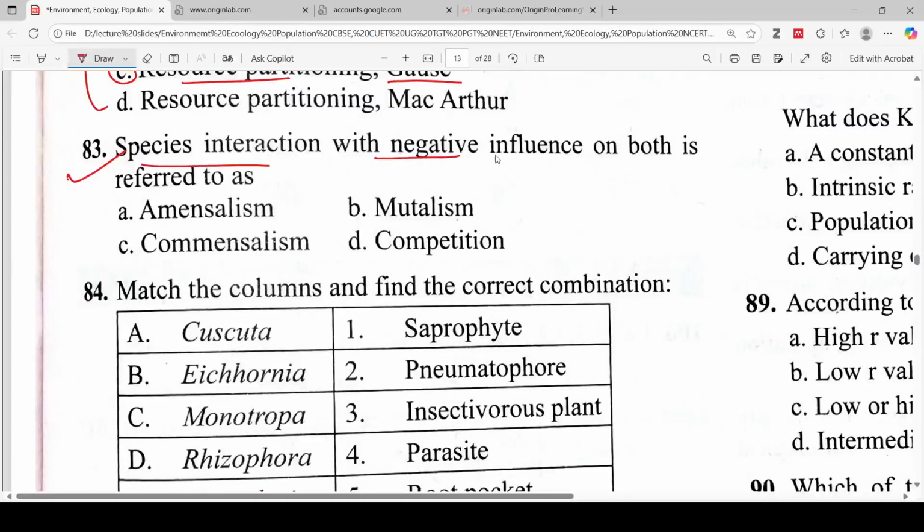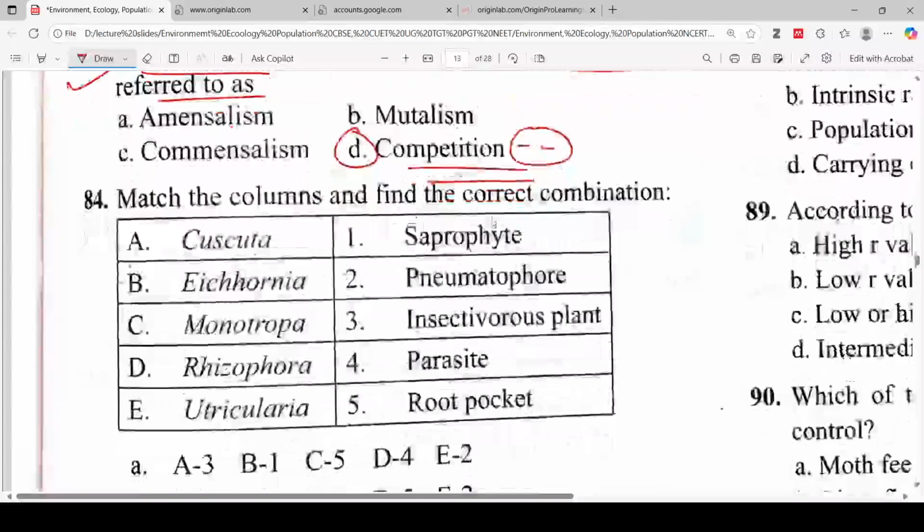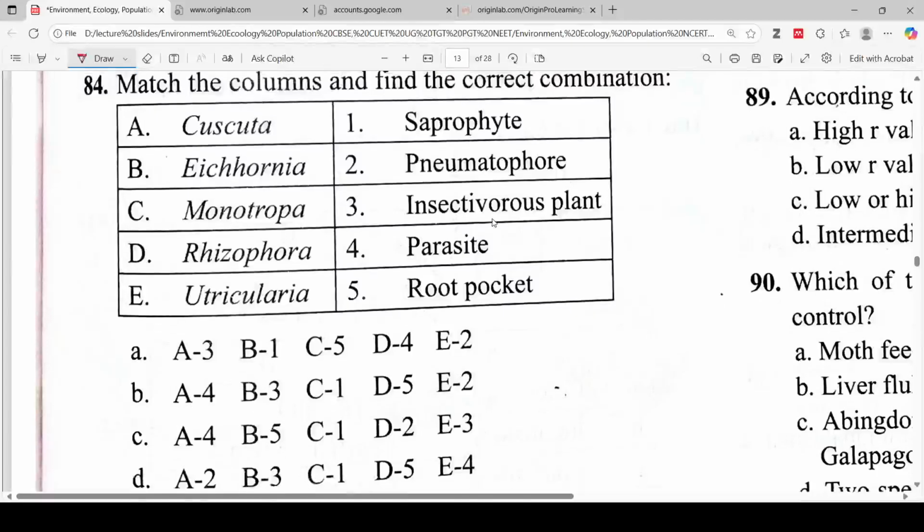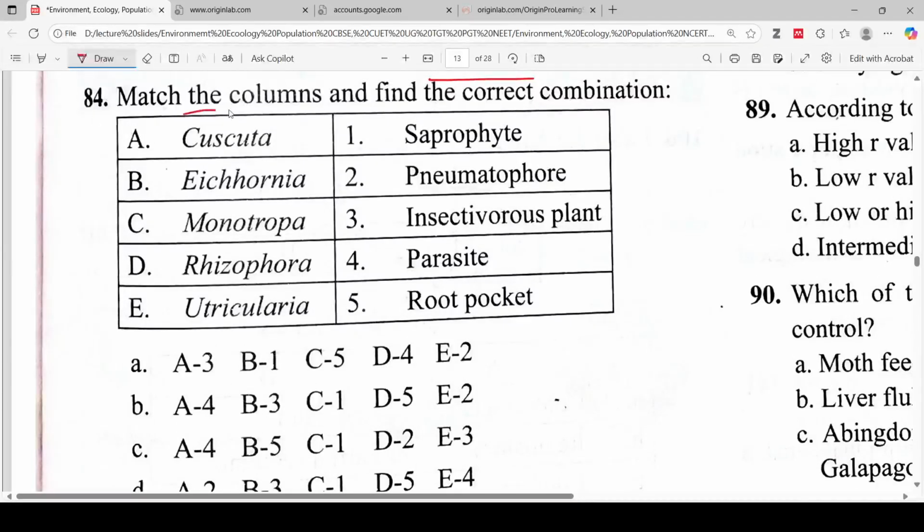Species interaction with negative influence on both is referred to as: amensalism, mutualism, commensalism, competition. So the correct answer is competition. Both will be minus, so both will be harmed. Next you have to match the columns. The organisms are here and their associated words or links are provided here.